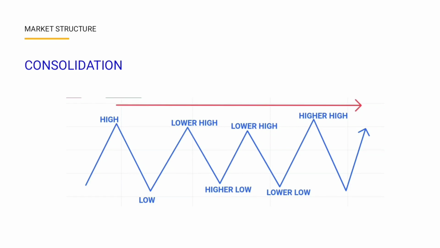Since it has formed a lower low, we're expecting it should form a lower high this time. But instead, it comes to form a higher high. So this is how a consolidation appears. A consolidation is the opposite of a trending market. When the market refuses to show clear direction of moving either upwards or downwards, we say that such market is ranging or it's consolidating.